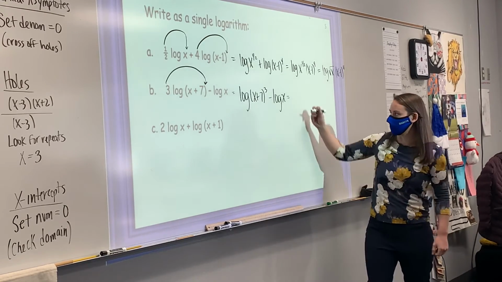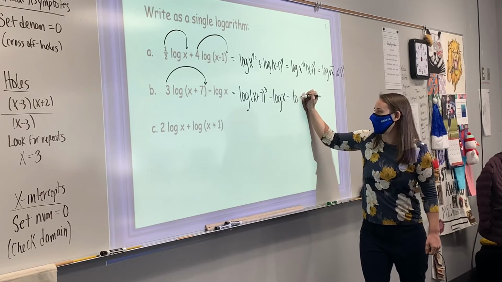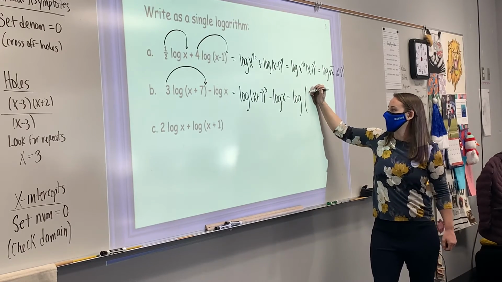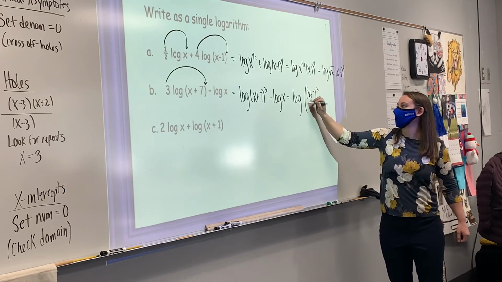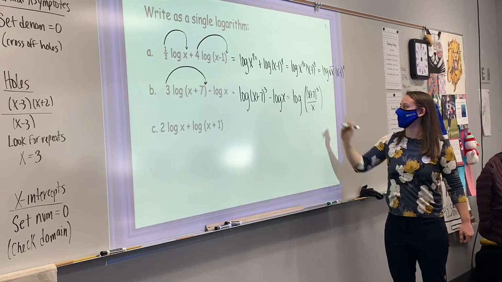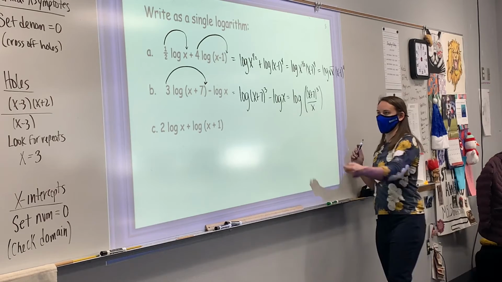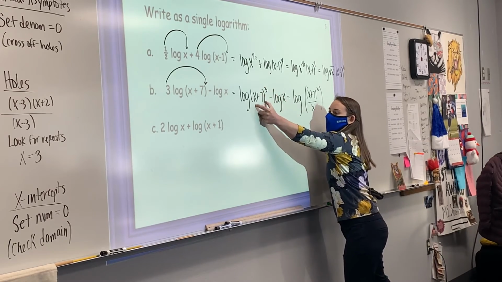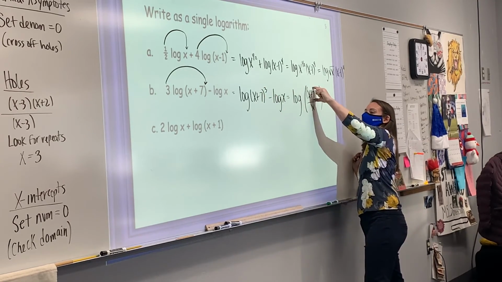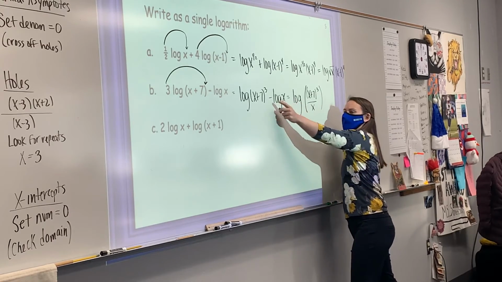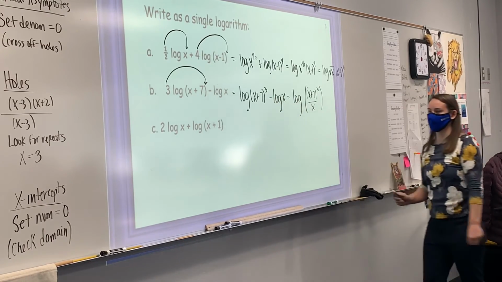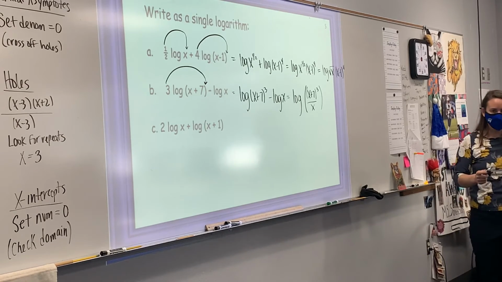Division, right? So this is going to become log of x plus 7 cubed divided by x. So don't freak out. I just took this thing right here and put it in the numerator, and then I put this thing right here in the denominator. Why? Because of the subtraction. Okay, try C on your own.